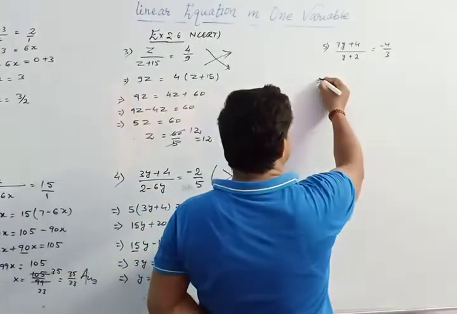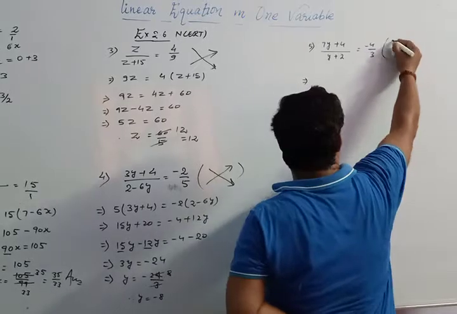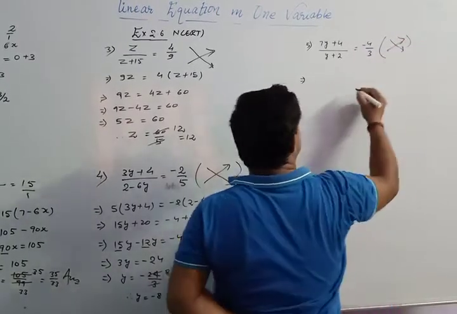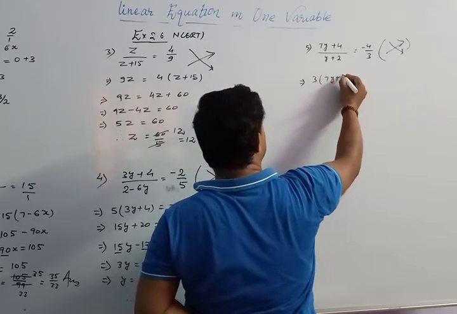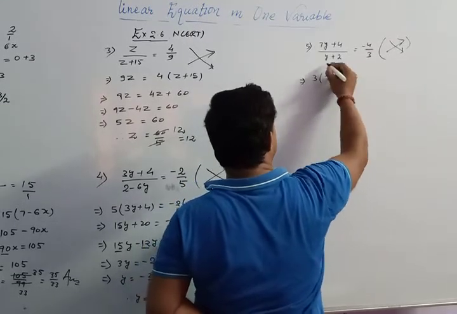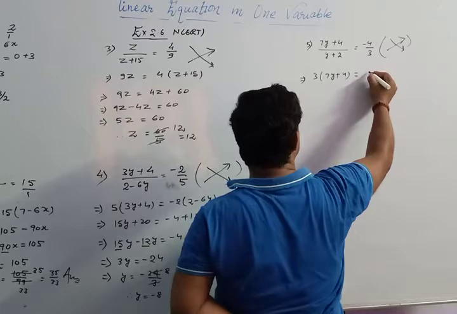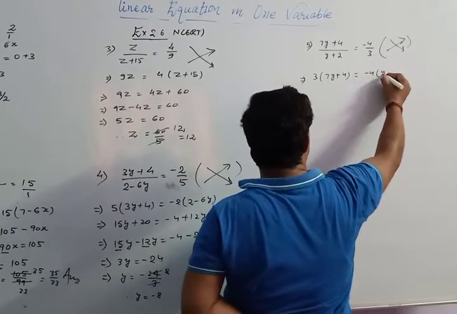Again the same question, you have to cross multiply. This 3 will multiply here, 7y plus 4. This minus 4 will multiply with the denominator, first denominator, minus 4, y plus 2.